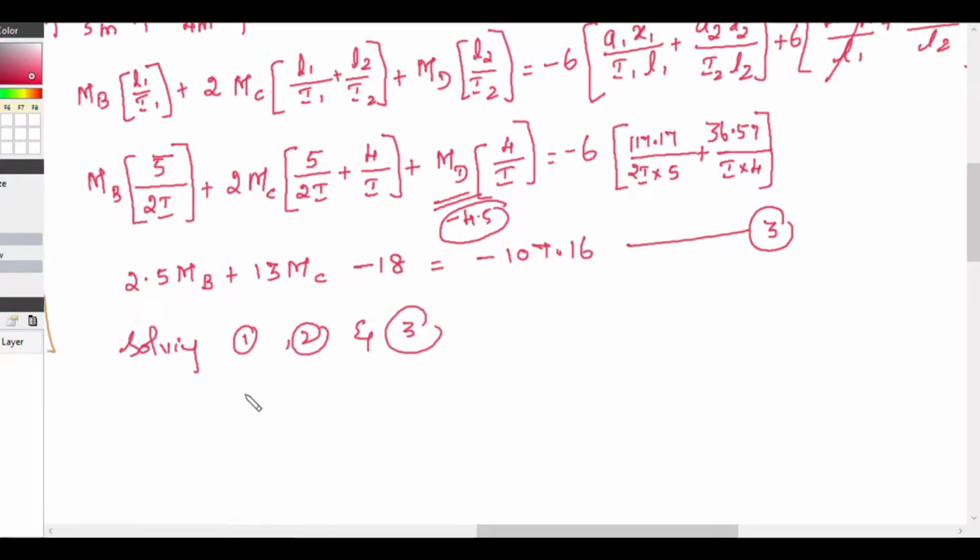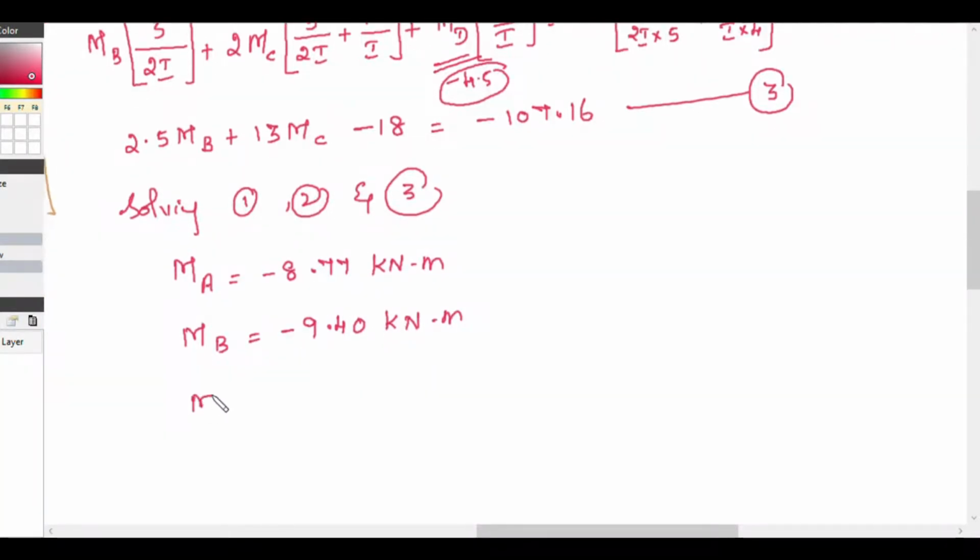We get MA is equal to minus 8.77 kilonewton meter, MB is equal to minus 9.40 kilonewton meter, and MD is equal to minus 4.5 kilonewton meter. Sorry, MD is already known.